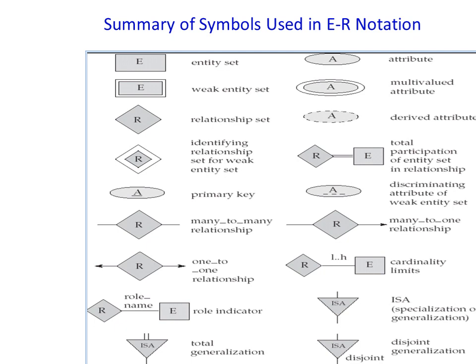Many-to-one relationship is represented with the respective arrow, and the discriminating attribute of a weak entity set is represented by a dotted underline, and total participation of an entity set in a relationship is represented by a double line. Derived attribute is represented by a dotted oval ellipse. Multivalued attribute is represented by a double oval shape, and attribute is represented by an oval shape.